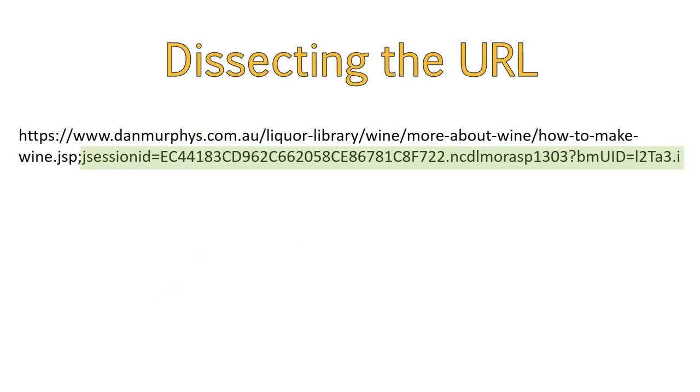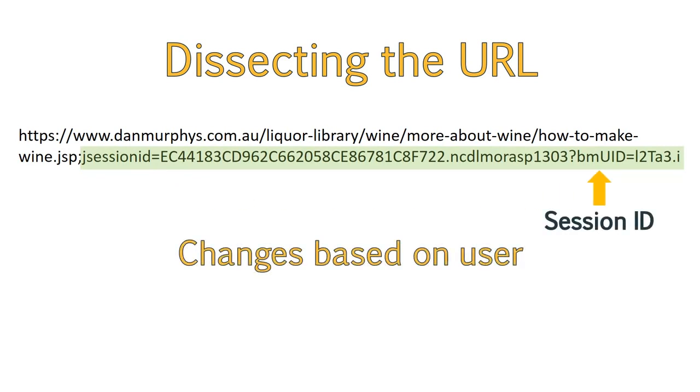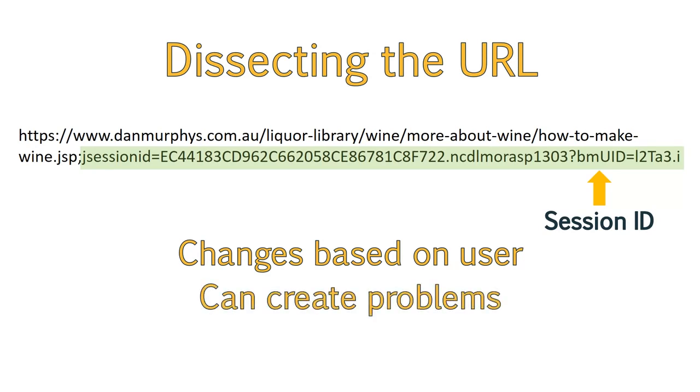This particular parameter is a session ID, which means it changes based on the user. If you were to Google how to make wine, and you found the site and clicked on the result, your URL would be slightly different than the one I have here. This can create problems with duplicate content, as the URL has changed, but the content has remained the same.